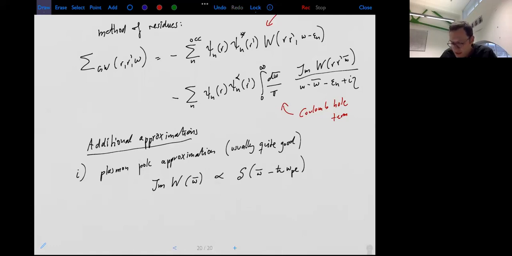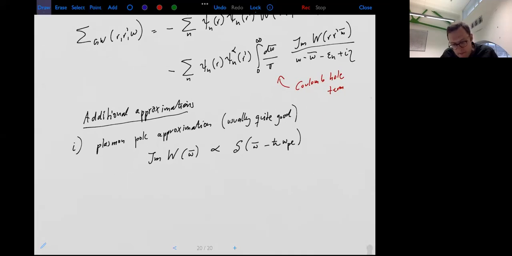And of course, when you use that approximation, you can carry out this integral over frequencies analytically, which makes your life significantly easier if you work numerically. So that is the plasmon pole approximation.